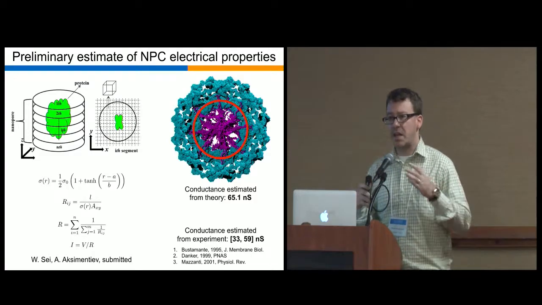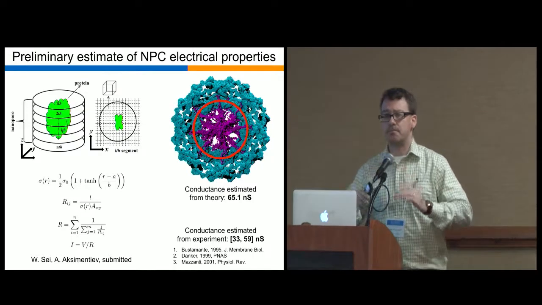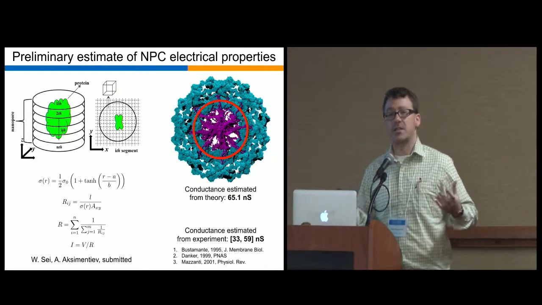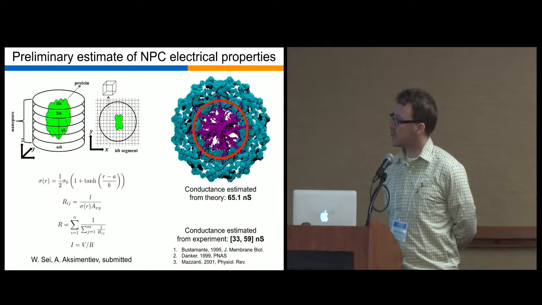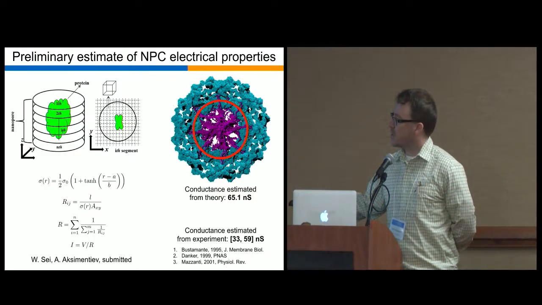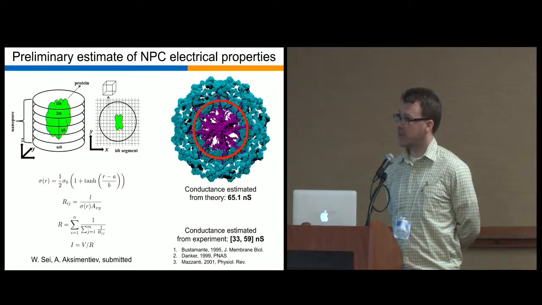Before running anything on Blue Waters of this entire system, we first calculated an estimate of what the conductance would be given a certain applied voltage. This is a protocol that was developed by Aleksei and my advisor, Professor Aksimentiev.